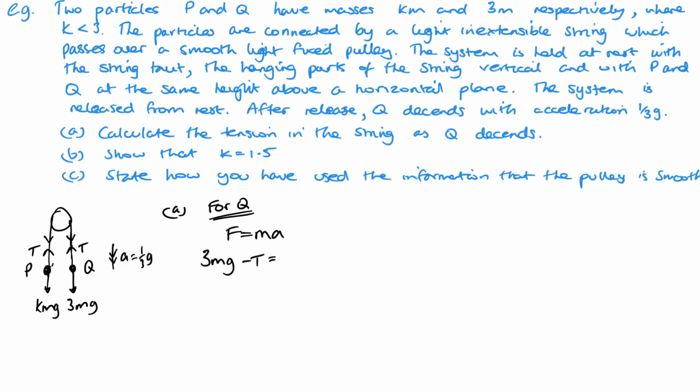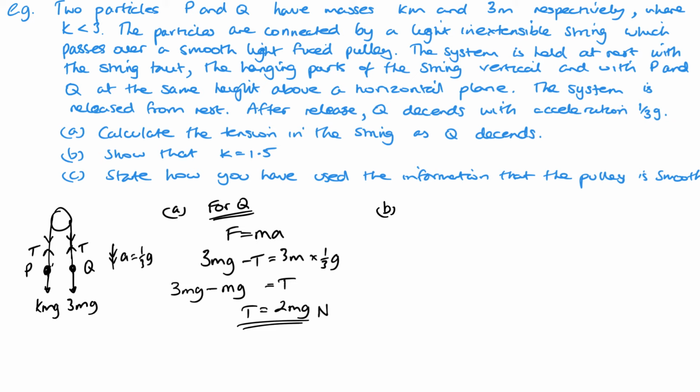The mass is going to be 3m, and the acceleration is 1/3 g. Okay, hopefully not too difficult so far. So T is going to be 3mg minus mg. So T equals 2mg. And of course this is in newtons.